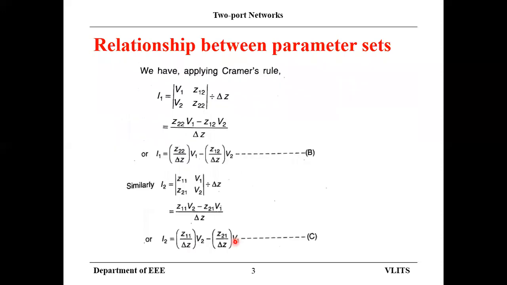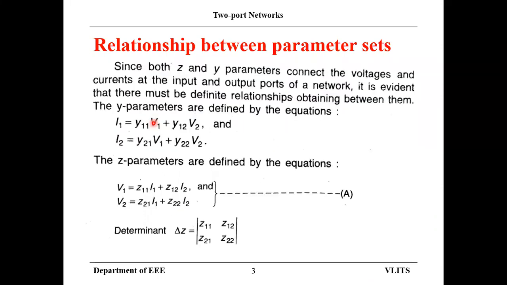Then to find I1, we replace the first column by the constants. Usually the equation is like ax plus by equal to c, or a1 x plus b1 y equal to c, where c is the constant, so here V1 and V2 are the constants.